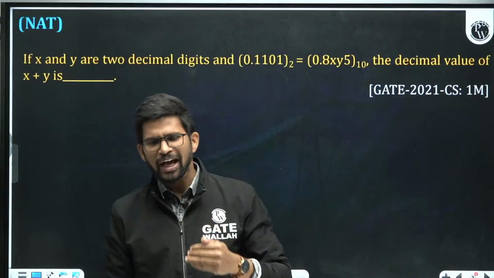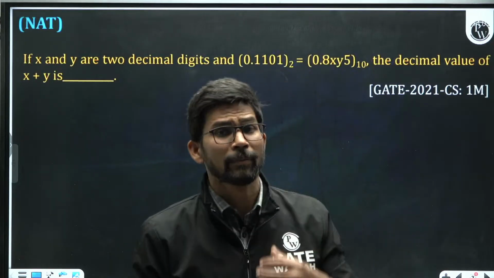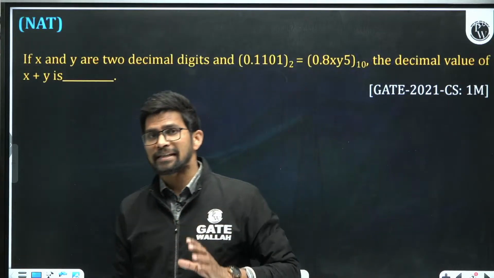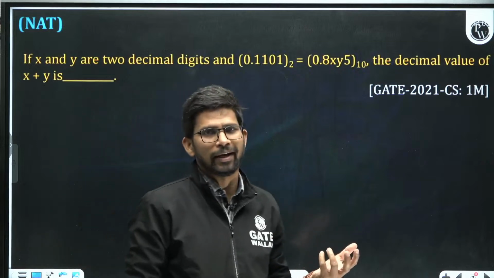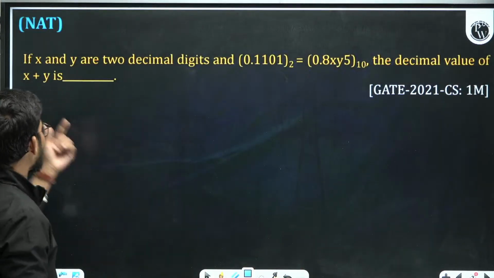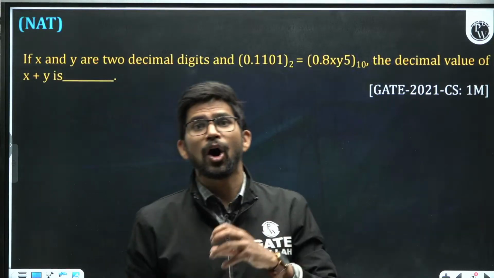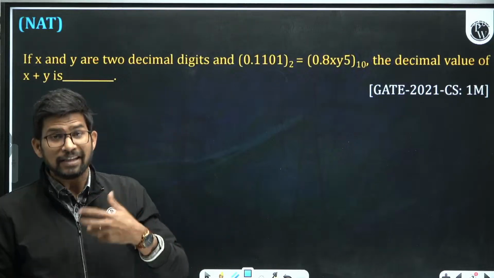So always try to convert a given number system into decimal, and you will be very comfortable solving the equation. Let us convert the relation into decimal equivalent, and then find the values of x and y, and we need to find x plus y. Whenever nothing is mentioned, always give the answer in the decimal number system.